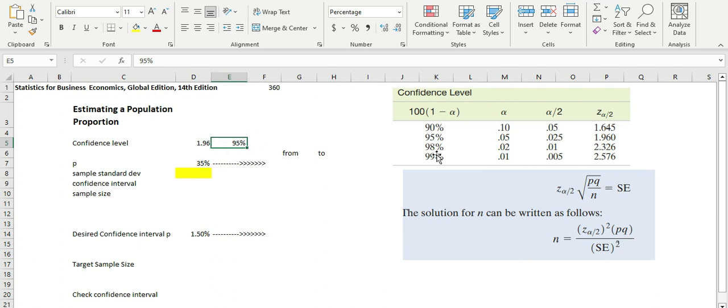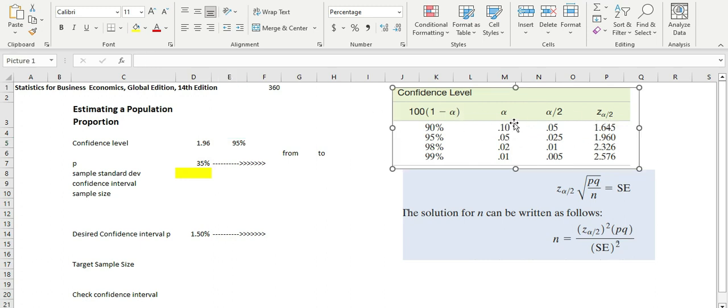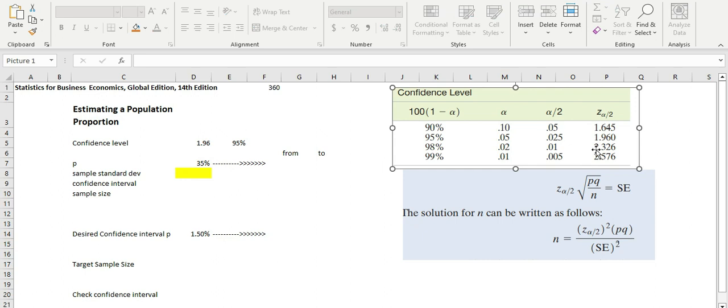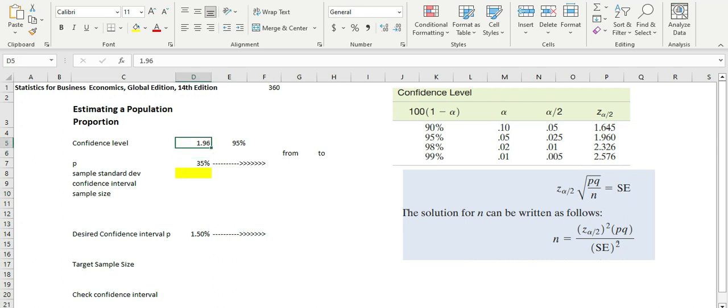Anyway, you can use the other confidence levels available here; I just included them for reference. Since a lot of experiments are done at the 95% level, most likely we'll use that here.